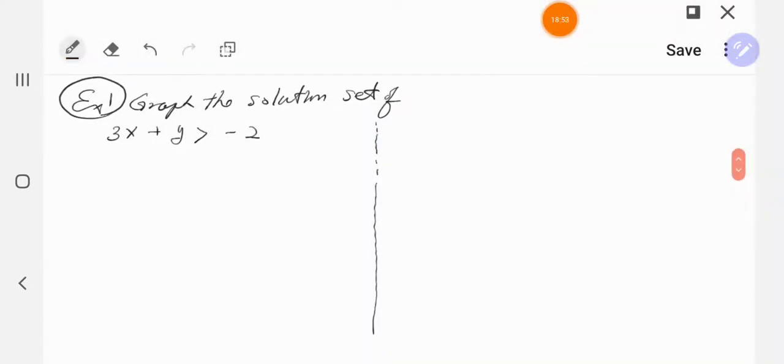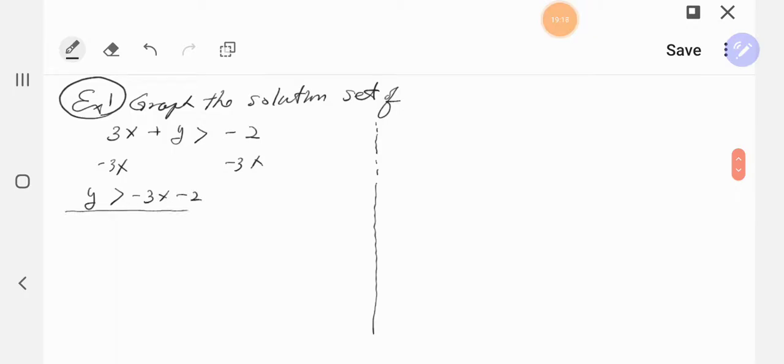Okay, let's try examples. Example 1, graph the solution set of this inequality. So first of all, let's rewrite it so that it is y is greater than something. So let me rewrite it in slope-intercept form. So minus 3x each side, then y is greater than negative 3x minus 2, right?